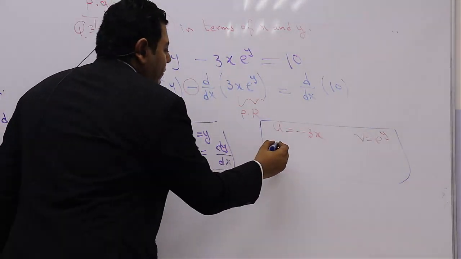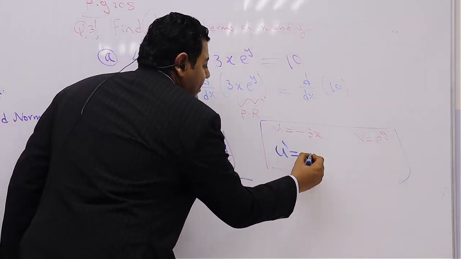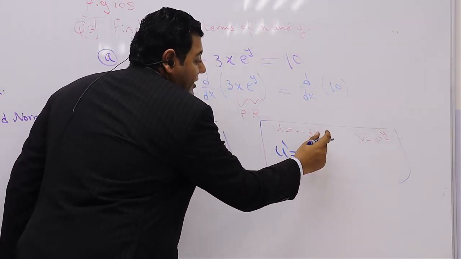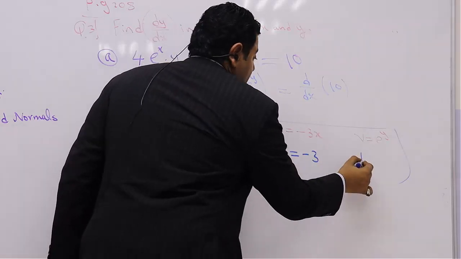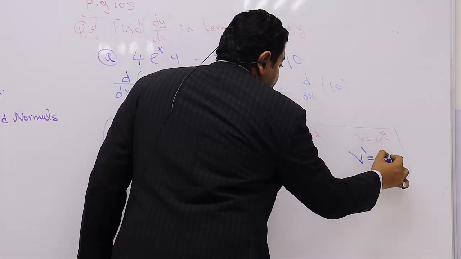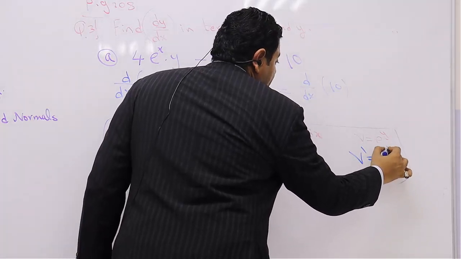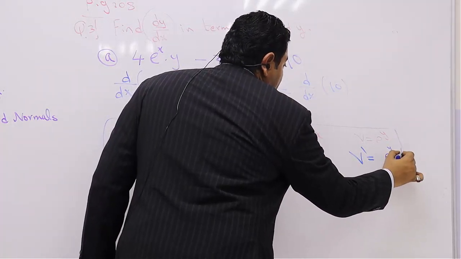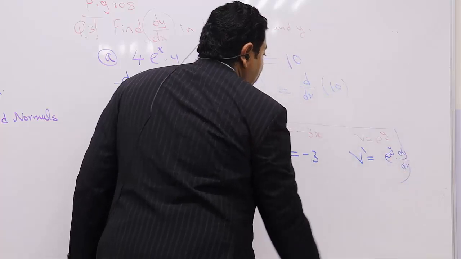So the derivative of u with respect to x is equal to minus 3 because it's in terms of x. The derivative of e to the power y is the same function times the derivative of the power, the derivative of y, which will be dy with respect to x.